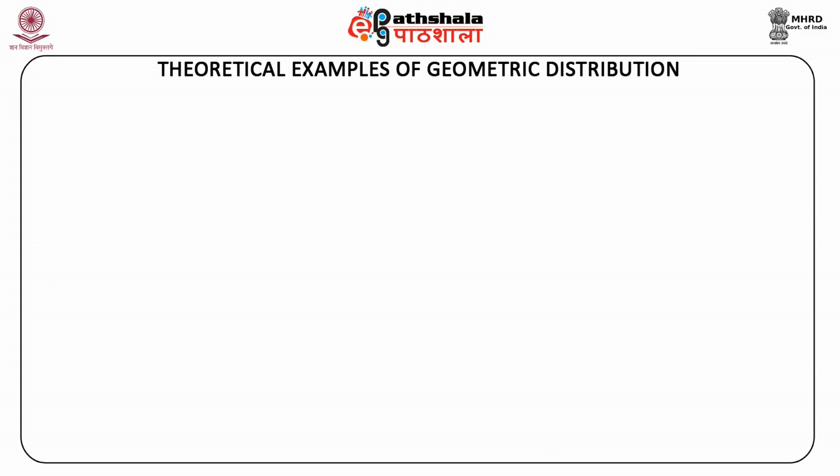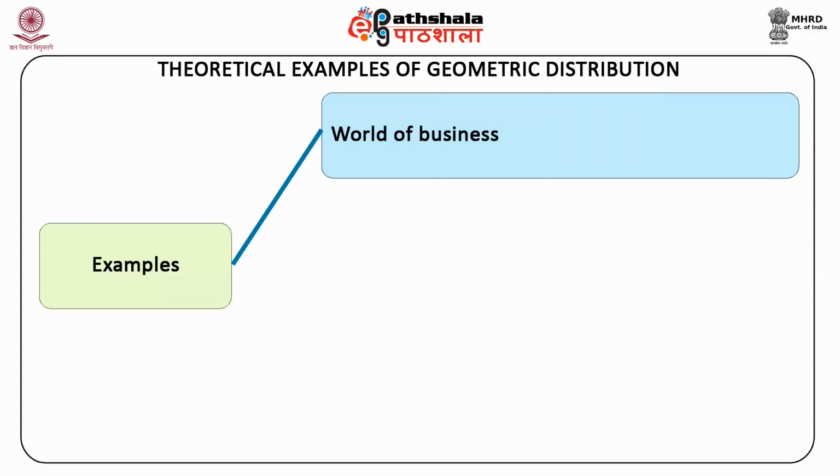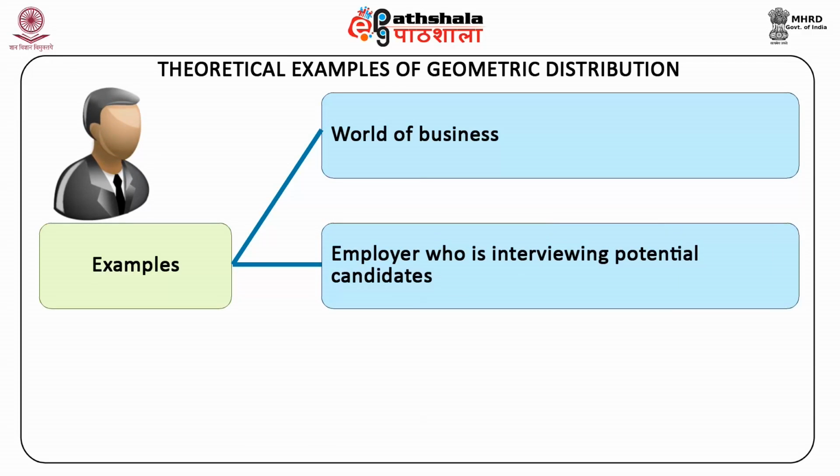Next, we shall look at various theoretical examples of geometric distribution. One example is in the world of business. A business owner may want to know the length of time a customer will wait for some type of service. An employer who is interviewing potential candidates for a vacant position wants to know how many interviews he or she has to conduct until the perfect candidate for the job is found.